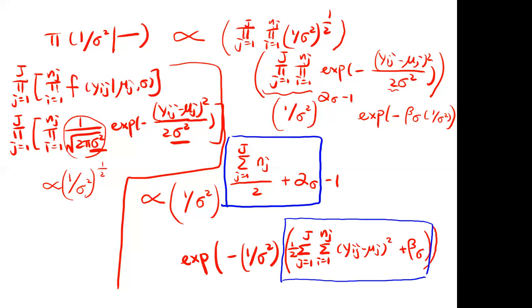So if I use this as A, this is B, then my full conditional posterior of 1 over sigma squared is gamma A and B. Okay?